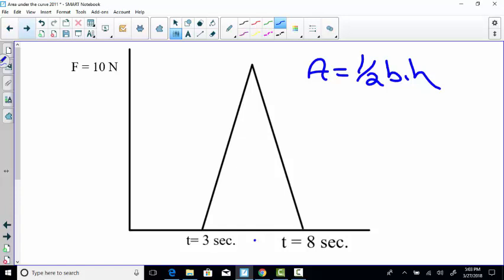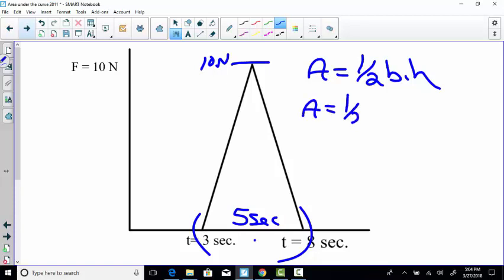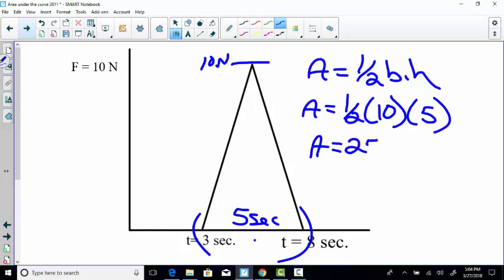And again, paying attention to what is your base. And your base here is just 5 seconds. And your height is 10 newtons. So the area of this triangle is 1/2 of 10 times 5. So that area is going to be 25 Newton seconds.